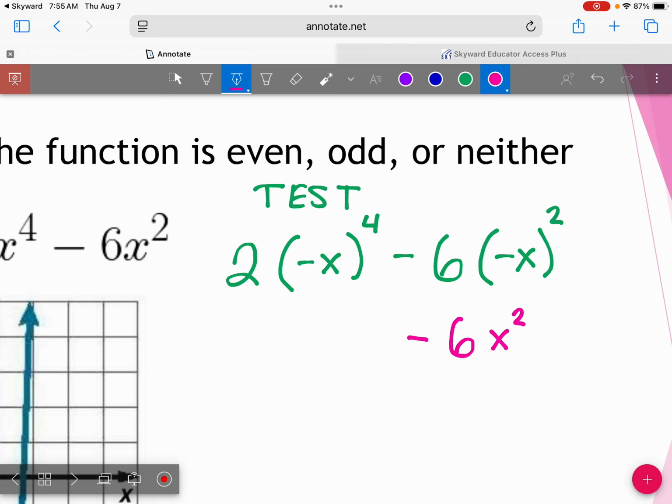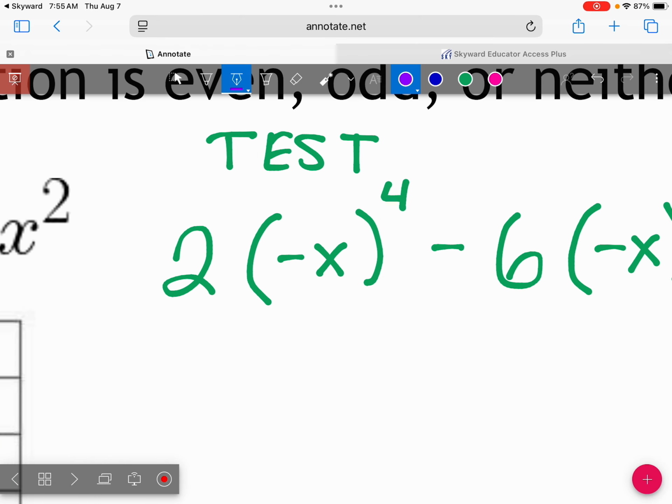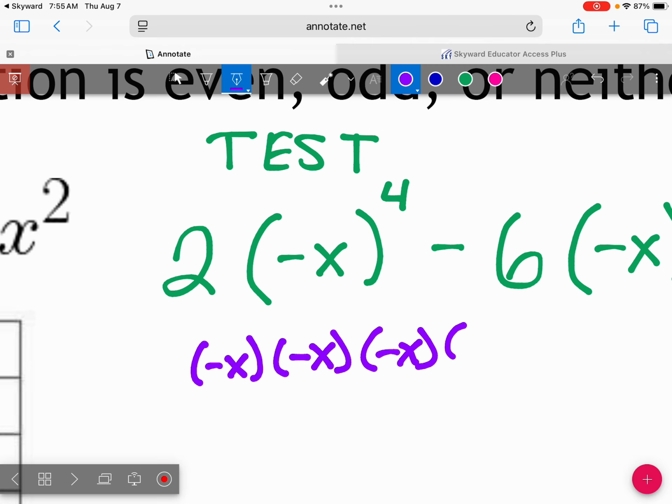What about when I have it to the fourth? Is that going to be positive or negative? We can always think about that the same way we did on the last one. I'll write it out. I'm just moving that piece down. If we have minus x to the fourth, that's the same thing as minus x times minus x times minus x times minus x. Four of them. That's what it means to be to the fourth.